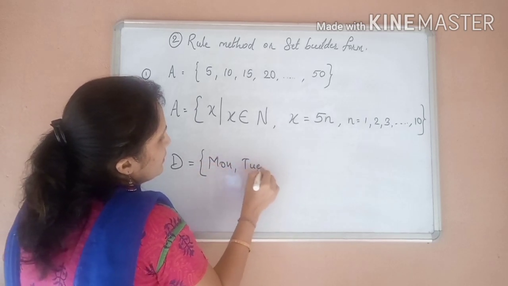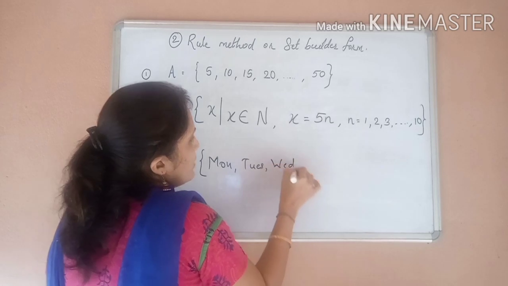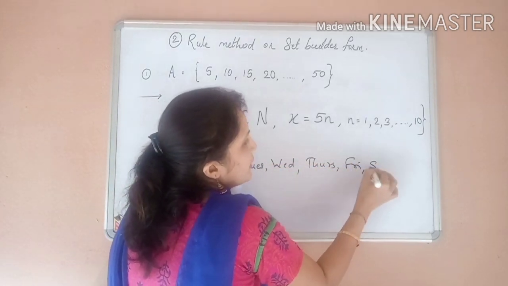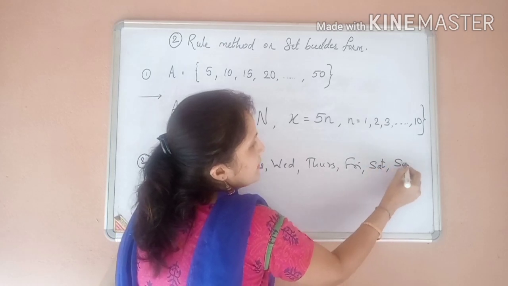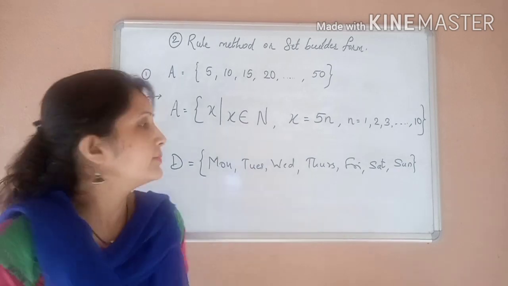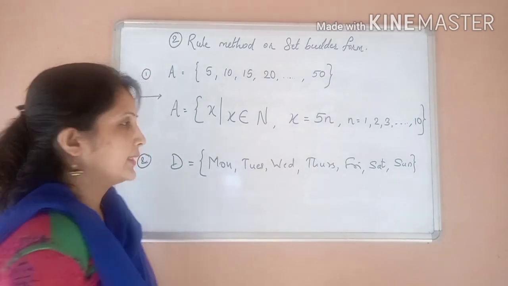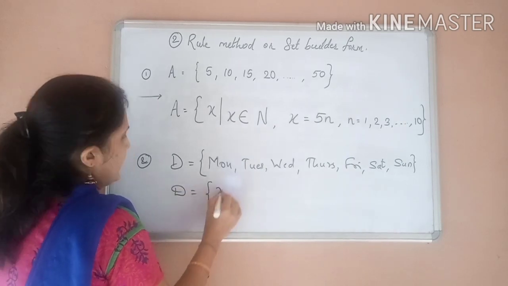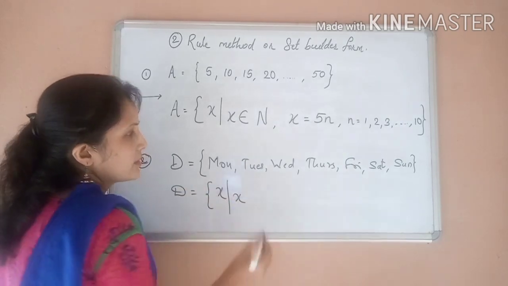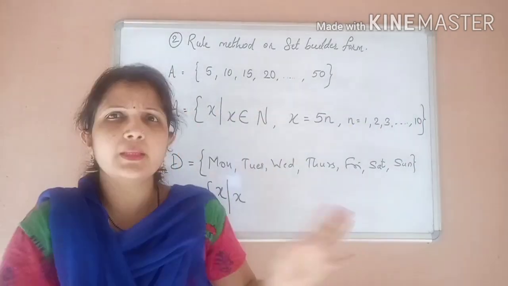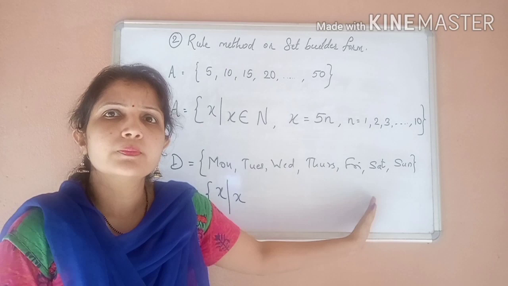Monday, Tuesday, Wednesday, Thursday, Friday, Saturday, Sunday. Now what? There is no formula. How will you solve this? Okay. See, D is x such that x. Now what are these? There is no formula. Natural number, whole number, nothing comes. But what are these?